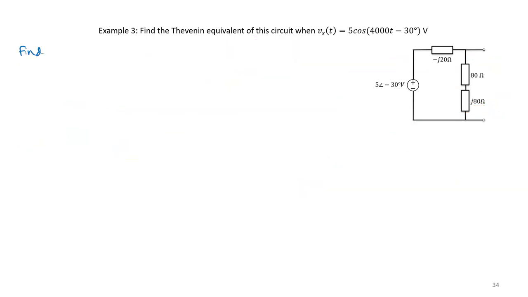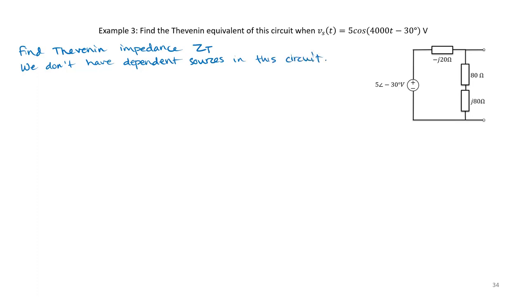So let's go ahead and find our Thevenin impedance. And so notice in this case, we don't have any dependent sources. So what we need to do in this case is we replace our voltage source with a short.